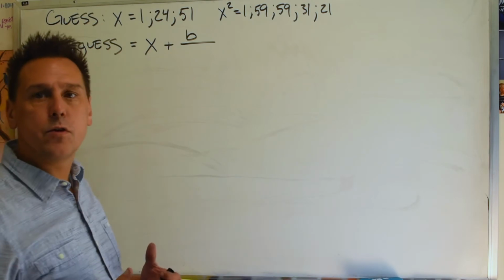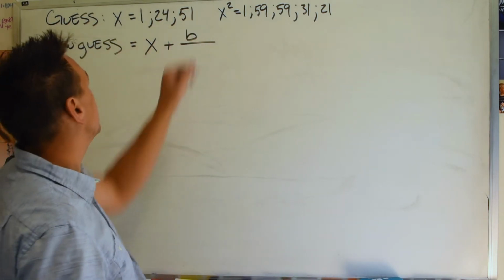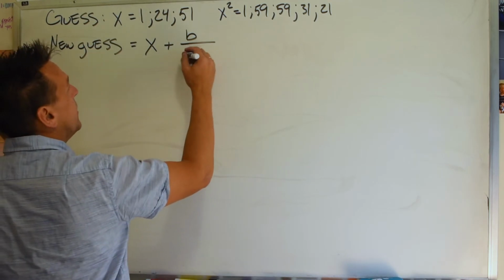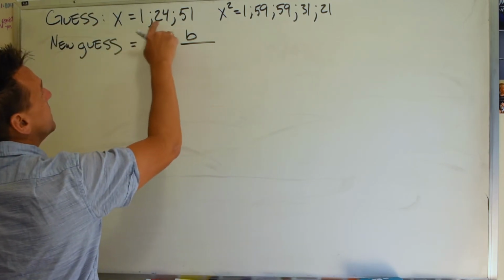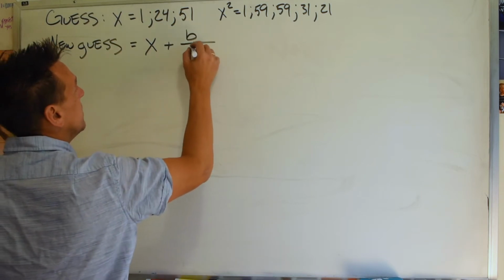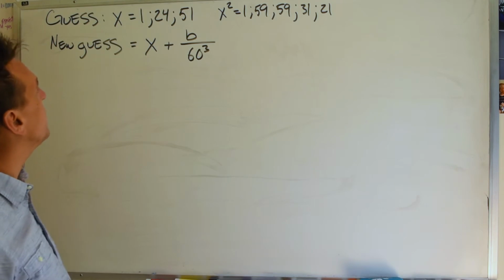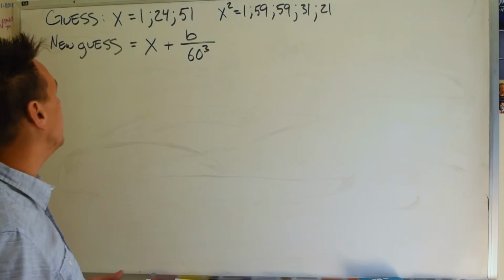Okay, so now what I'm doing for my new guess is I'm going to add something in this fourth place. So that is 1's place, 60th place, 60 squared's place, 60 cubed place. So I'm going to add some number in that place, some number between 1 and 59.